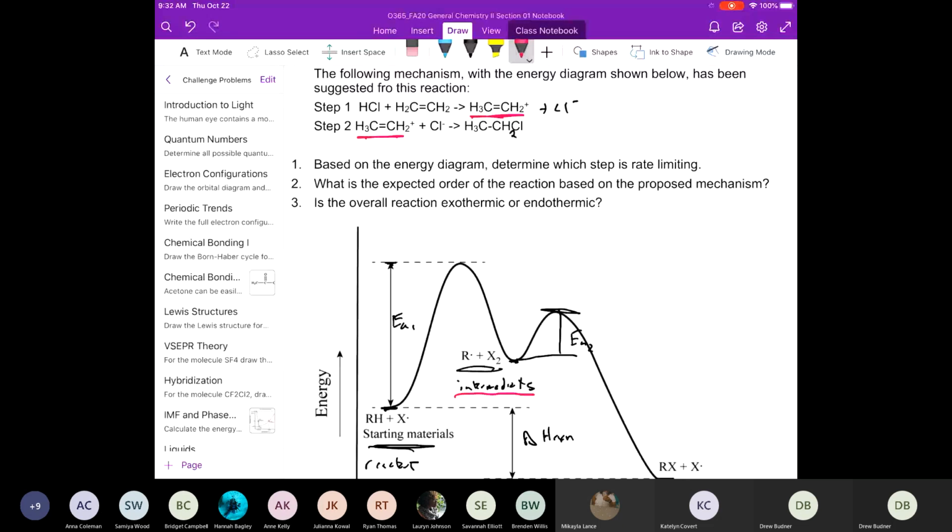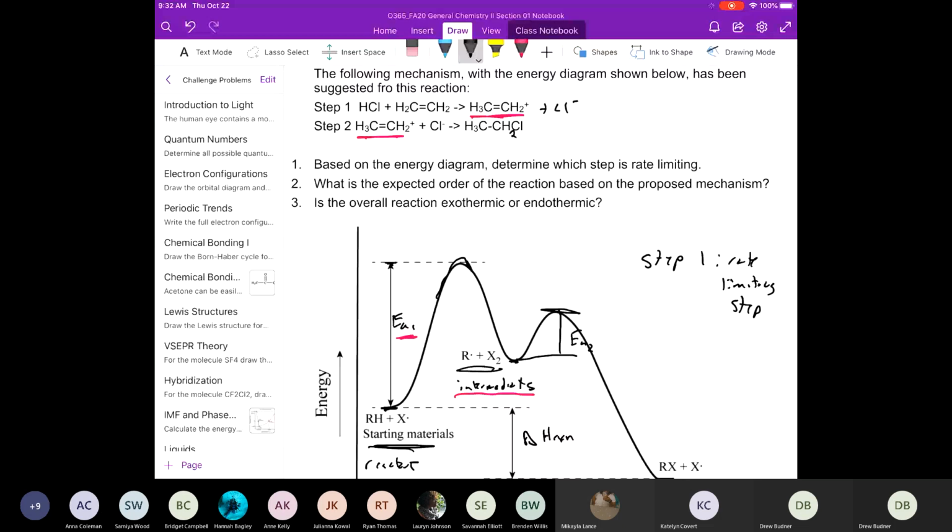If we look at this, because this activation energy number 1 is the largest, then we could say that step 1 is the rate limiting step. Because once we get over that hump, right, once this thing comes over this hump, everything else is going to take less energy and therefore should happen faster, right?